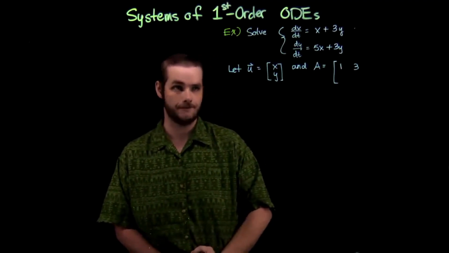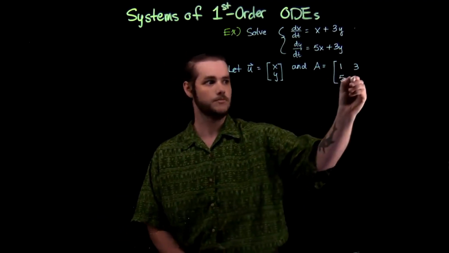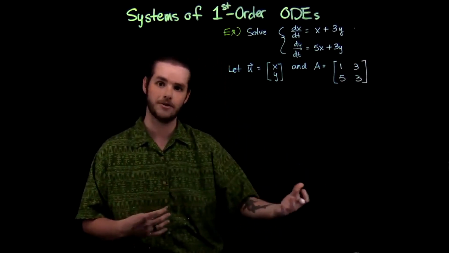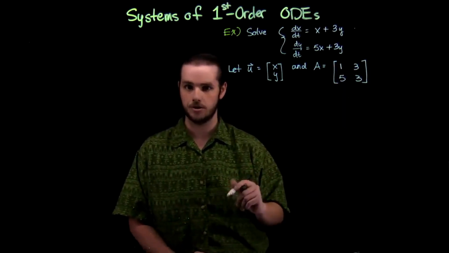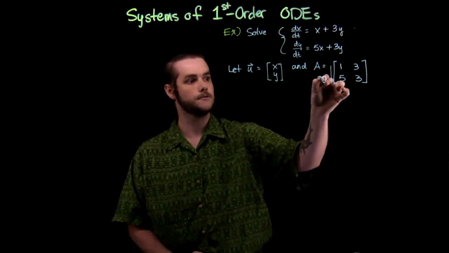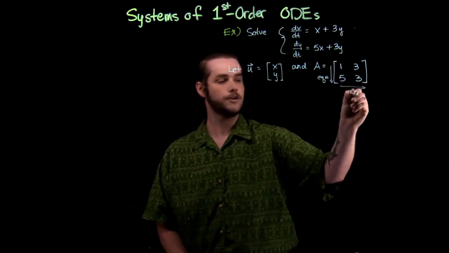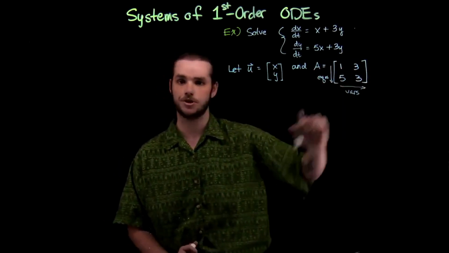Second equation, first variable is 5. Second equation, second variable is 3. I'm emphasizing those positions because they tell you where in the matrix the coefficients go. Across the rows are equations, and across the columns are variables. So I've got an x column and a y column, an equation 1 row and an equation 2 row.